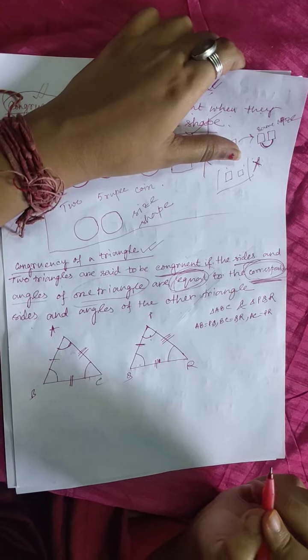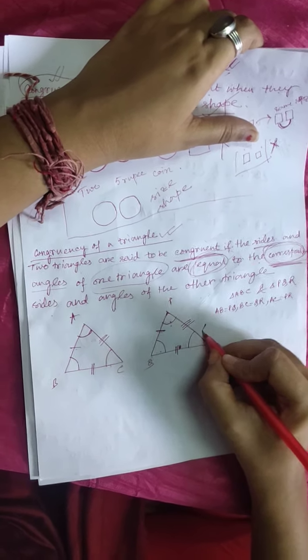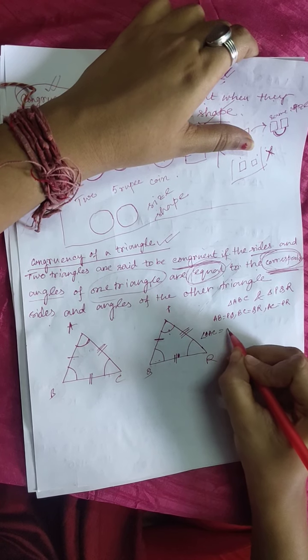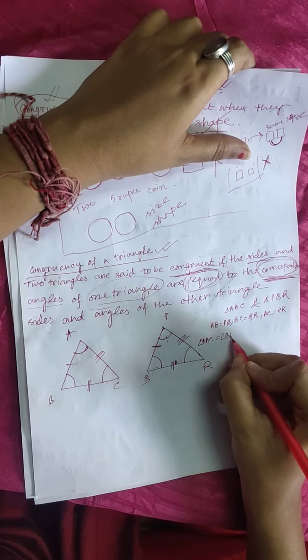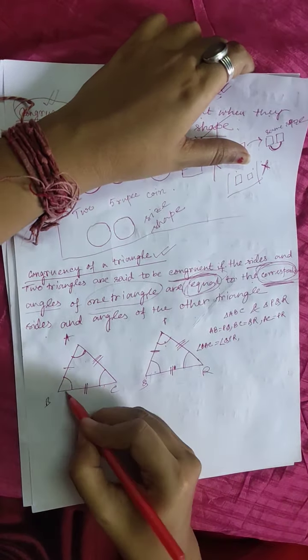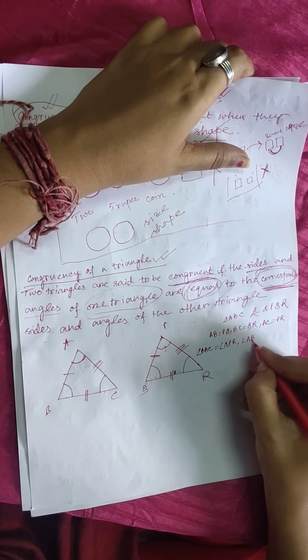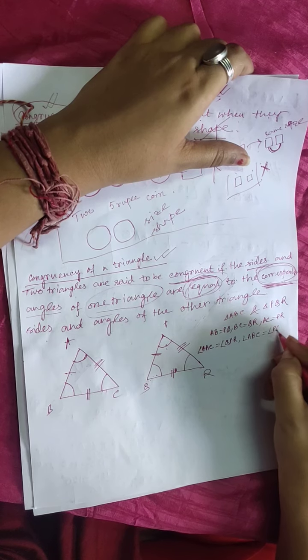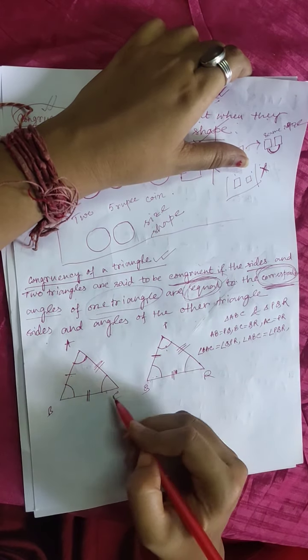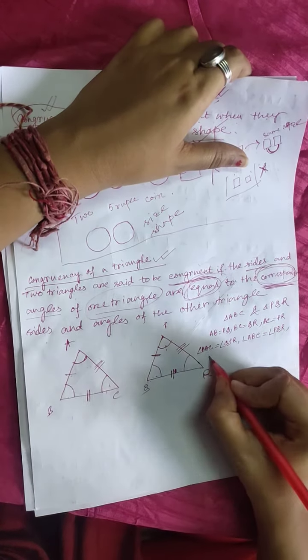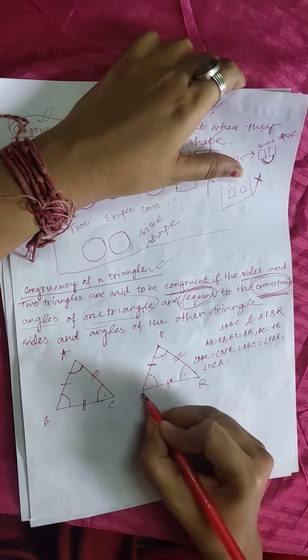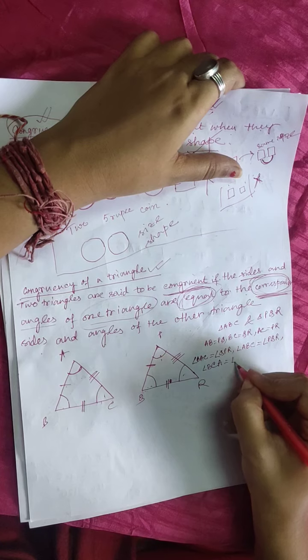So here it is said that angle A, that is BAC, will be equal to angle P, that is QPR. Angle B, that is ABC, will be equal to angle Q, that is PQR. And angle C, that is BCA, will be equal to angle R, that is QRP.